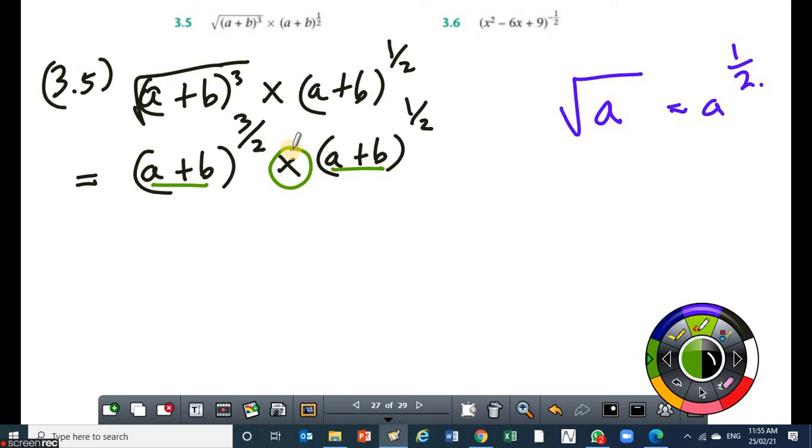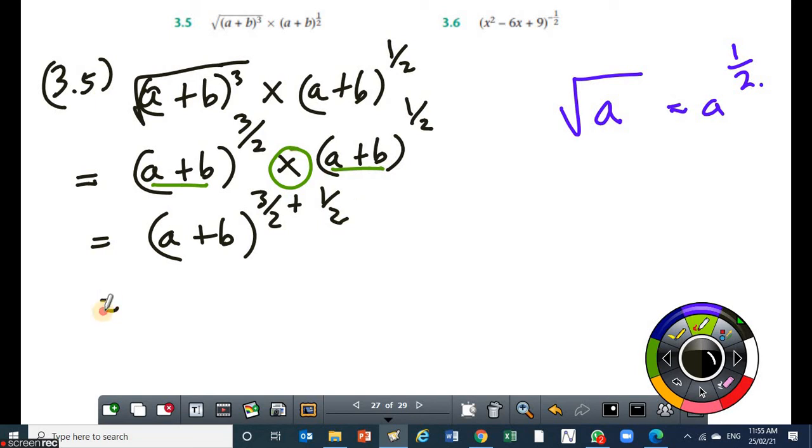So, next thing is just to write a plus b all raised to the power of 3 over 2 plus a half. Then this will give you a plus b all squared, because 3 over 2 plus a half will give you 4 over 2, which is equal to 2.